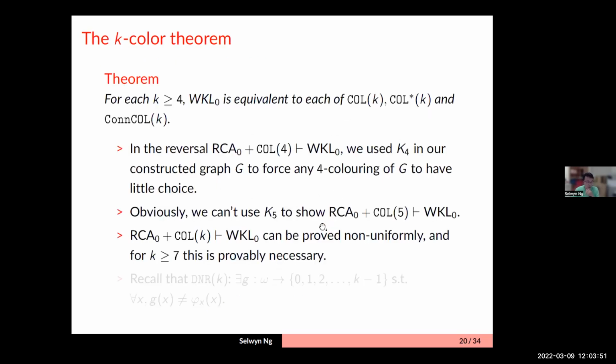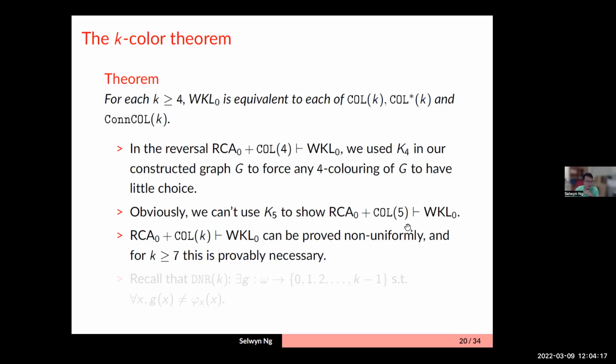So we obviously cannot use K5 in a similar way to reverse the 5-color theorem because the graph has to be planar. And using K4 wouldn't do the trick because 5 is bigger than 4, and that's not going to allow us to extract very much information from a 5-coloring of a graph if we are using a graph that's similar to the one before.